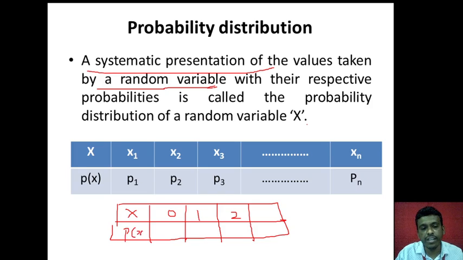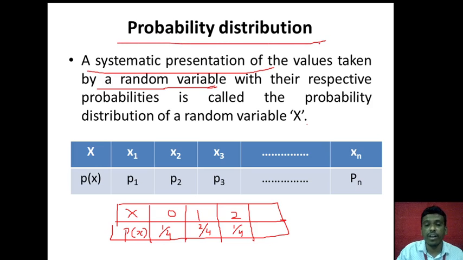For 0 heads, it is 1 upon 4. For 1 head it is 2 upon 4, that is 1 upon 2, and for 2 heads it is also 1 upon 4. So this is how you solve it. This is the probability distribution of the experiment where you toss 2 coins simultaneously and x is the number of heads that turn up.